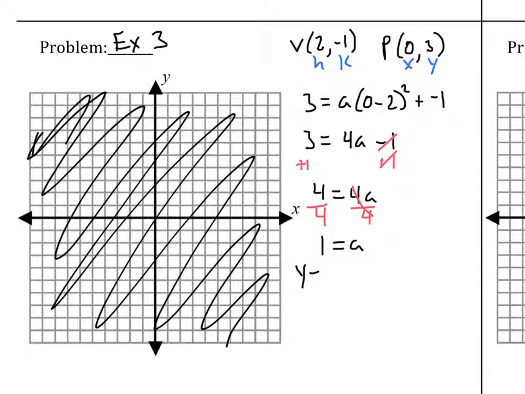So y equals 1 times x minus 2 squared plus a negative 1. The only simplifying I would do here is the fact I don't need to have that 1 out in front. 1 times anything is just that thing, so I don't need the 1. And I would change plus a negative to just minus 1. Okay, so my final answer is y equals x minus 2 squared minus 1.